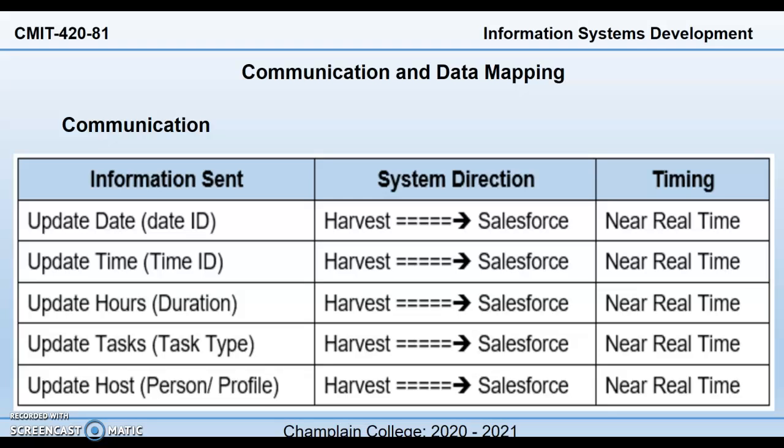So in this case, we are integrating Harvest to Salesforce. So when we are integrating this system, information will go from Harvest just one way to Salesforce, and the time will be near real time, which is more or less a minute.